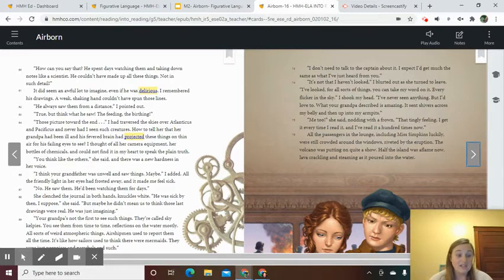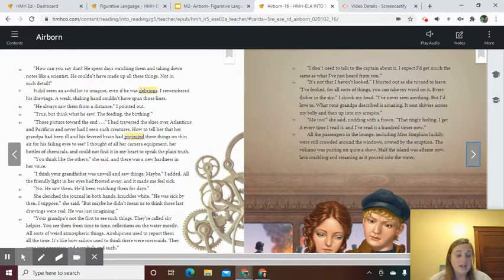All the friendly light in her eyes had frosted away, and it made me feel sick. No, he saw them. He'd been watching them for days. She clenched the journal in both hands, knuckles white. He was sick by then, I suppose, but maybe he didn't mean us to think those last drawings were real. He was just imagining. Your grandpa's not the first to see such things.